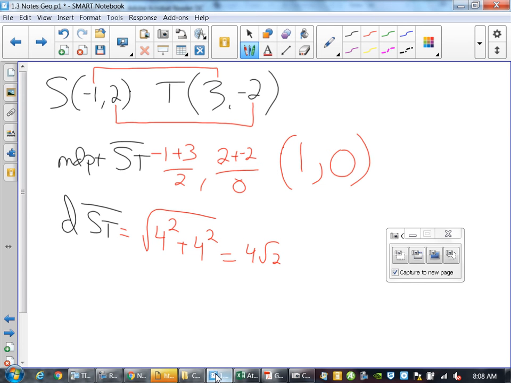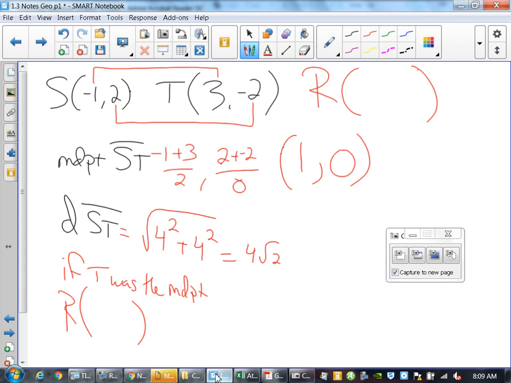Now, what if I asked you to find a missing endpoint? If T was the midpoint, what is the coordinate for R at the end of it? If SR is the segment, T is the midpoint, T is the halfway spot, how do we find out where R is? Remember that trick?